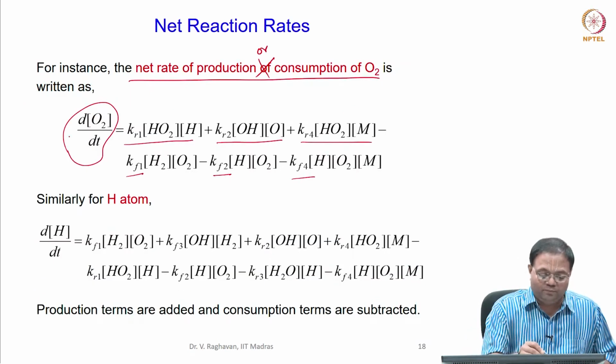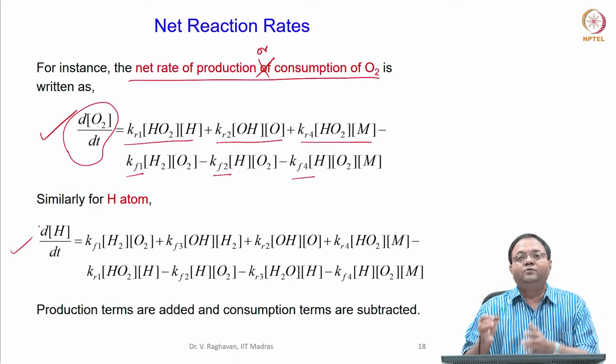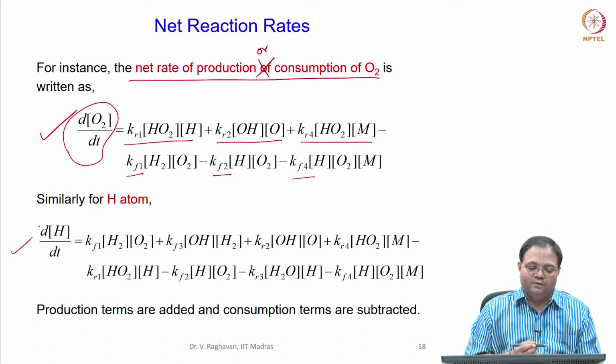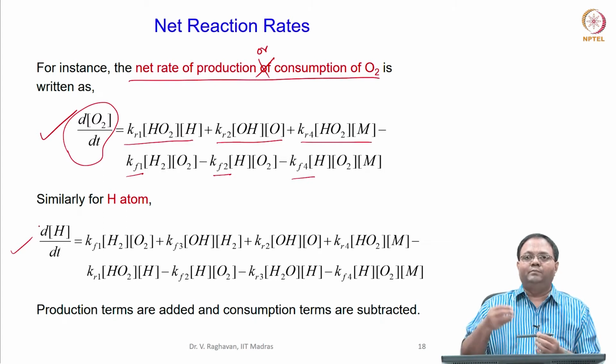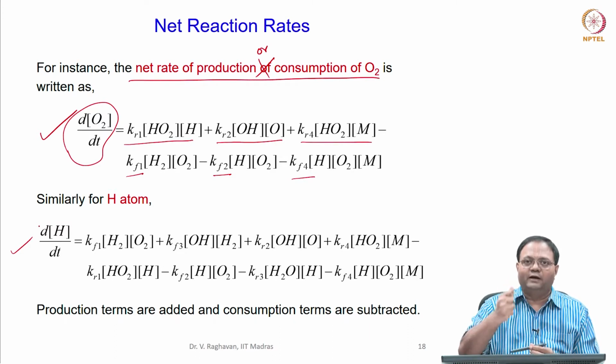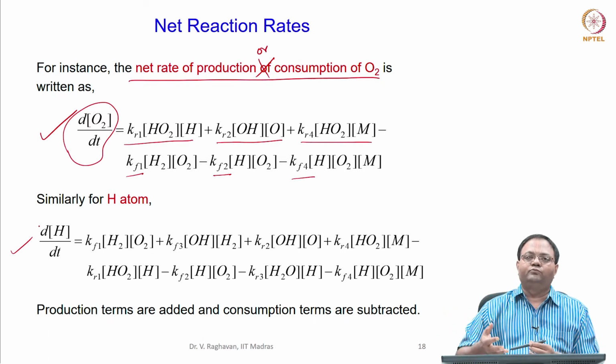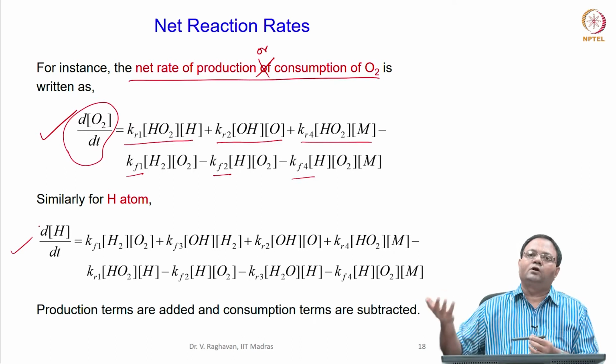So, I need this term to be substituted in the species conservation equation. In the species conservation, O2 can be transported into the combustion chamber, and it is going to be consumed. For example, if the net rate is negative, it is going to be consumed, then some of that which is not consumed will come out, or if it is fully consumed it will not come out at all.